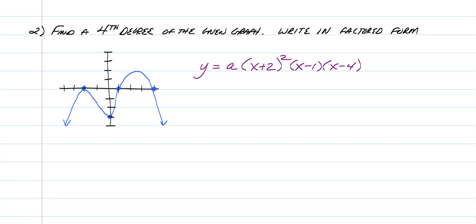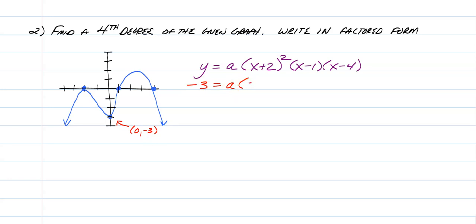Part 2, you have to substitute in your x and your y to be able to solve for a. So we're going to use this guy right here. This is 0, negative 3. So our y value is a negative 3. Is equal to a times, and now we just have to plug a 0 in for all the x's.